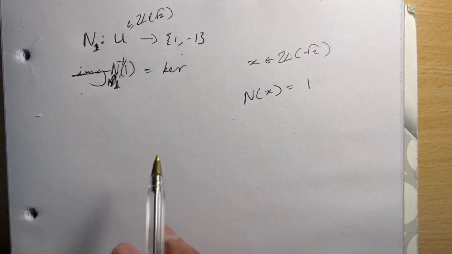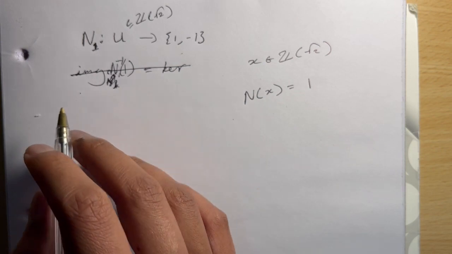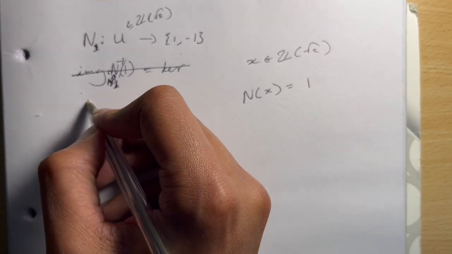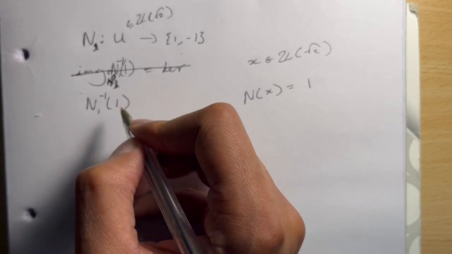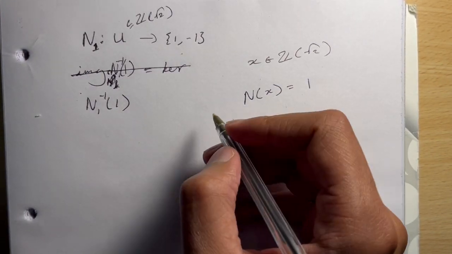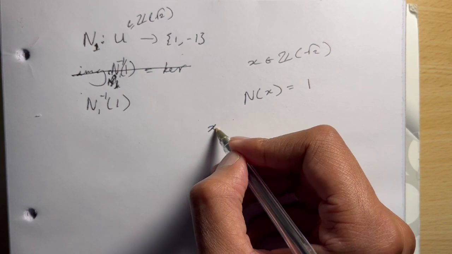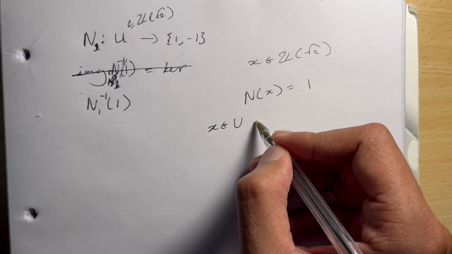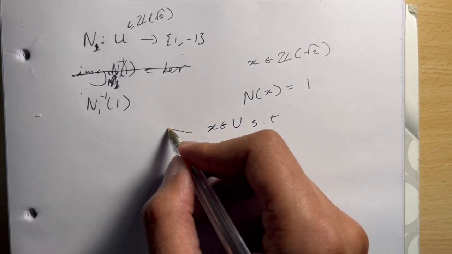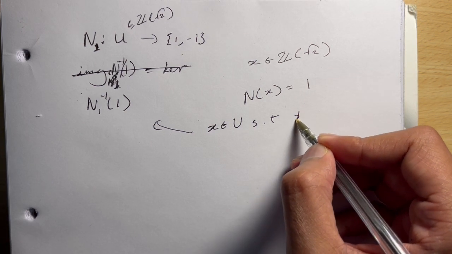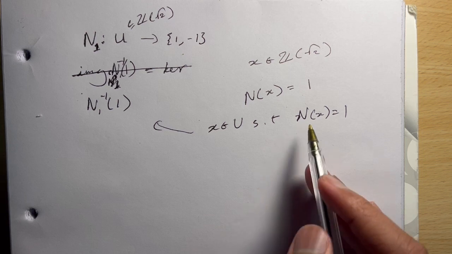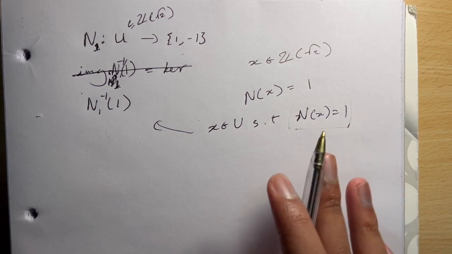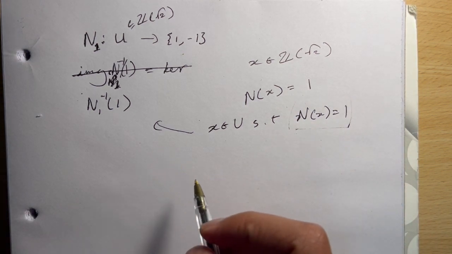So why do we care about N inverse of 1? N inverse of 1 is all the elements x in U such that the norm of x is equal to 1. Well, precisely because we want to find these things, right? That's what we care about.